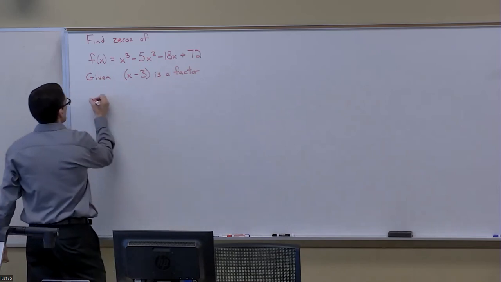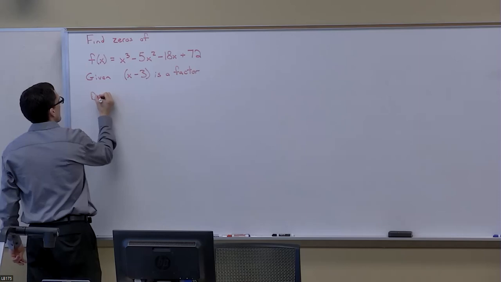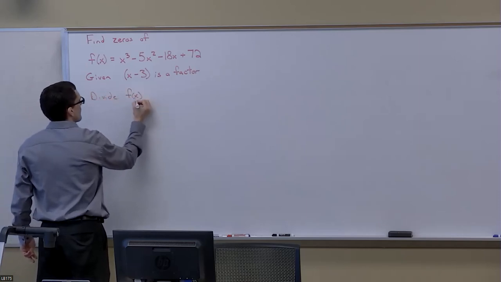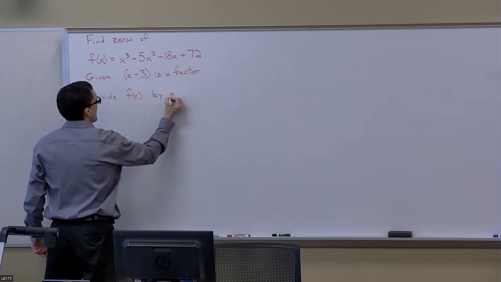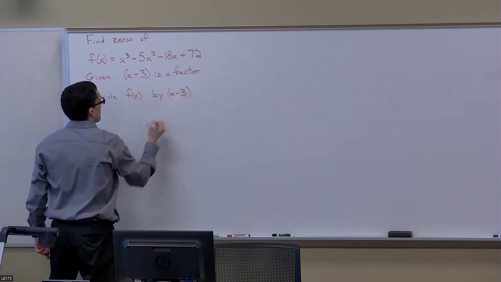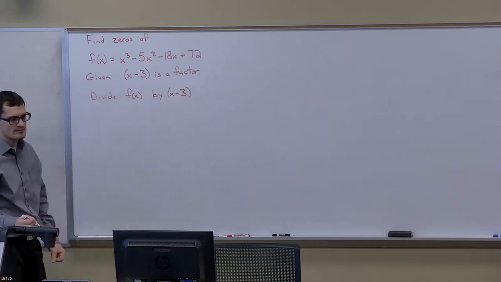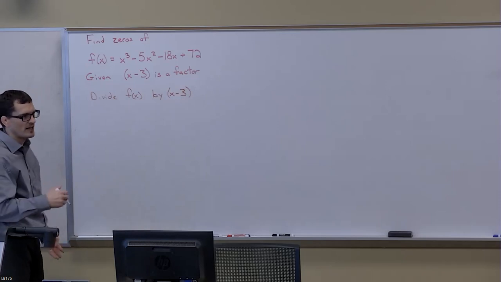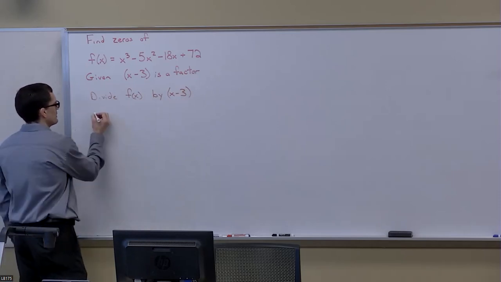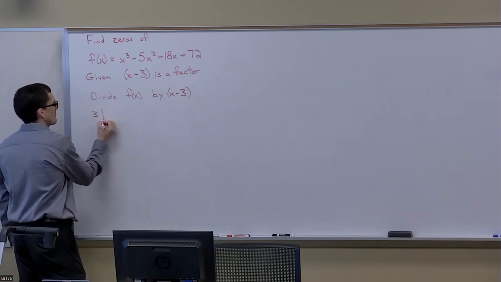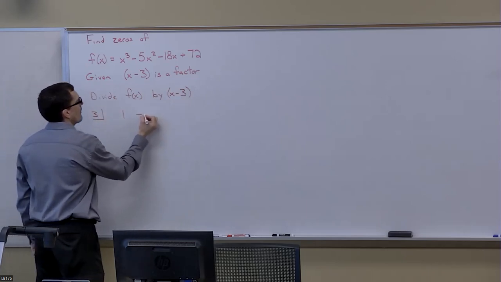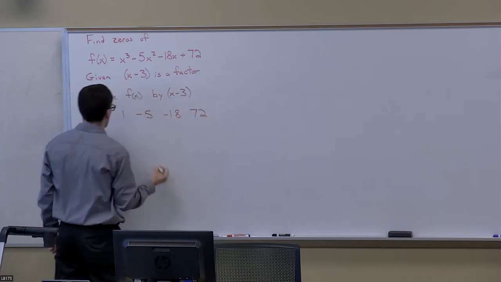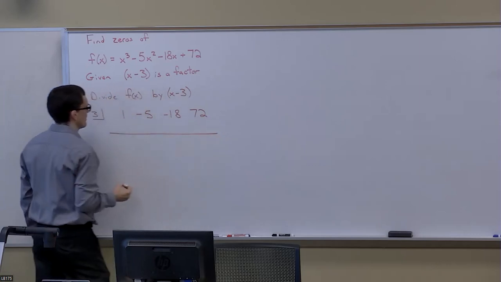So I'm going to divide my f of x by x minus 3. I'll use synthetic division here to make my life a little bit quicker. By the way, if I don't get remainder 0, something has gone wrong.